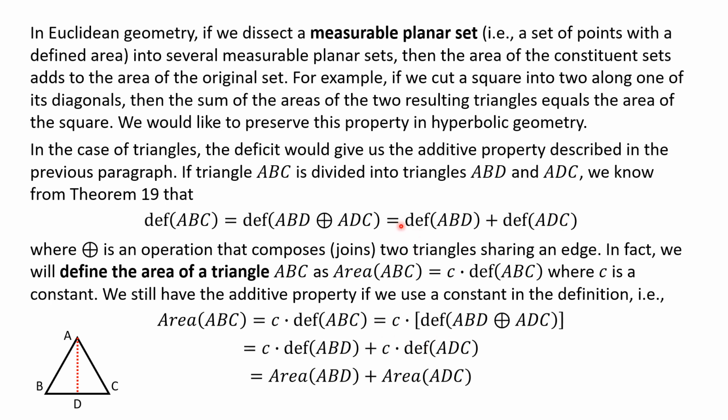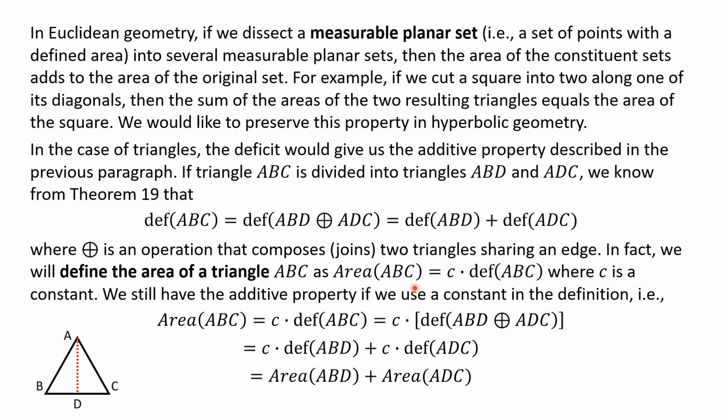So it would just be C times this deficit and C times the deficit of the second constituent triangle. And then by definition, this is the area of ABD, and this is the area of ADC. So this constant variation on just defining it as the deficit alone, it still works if you put a constant in here.